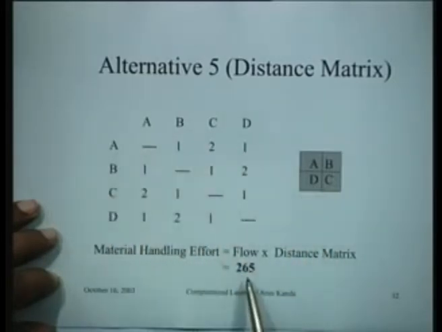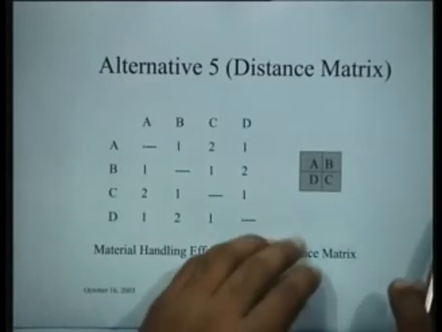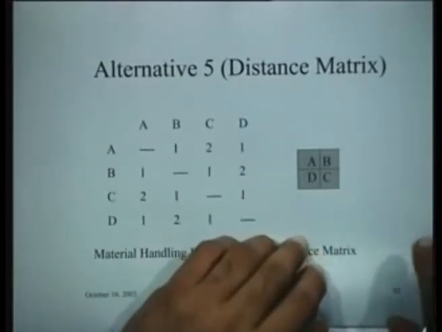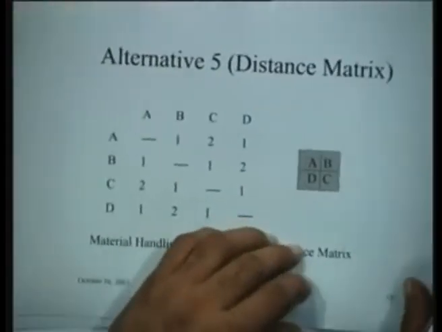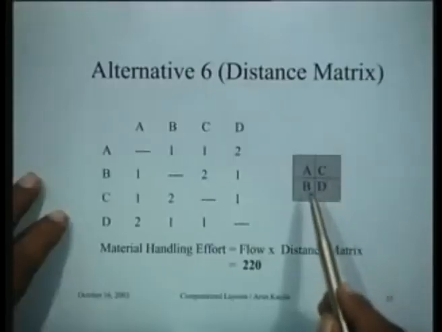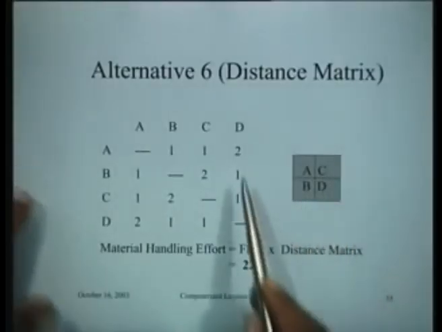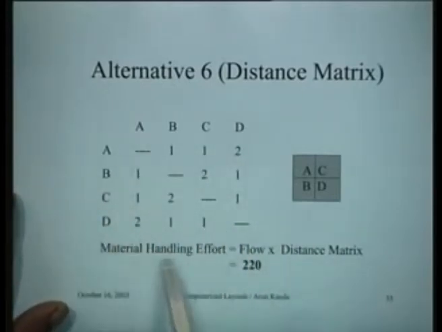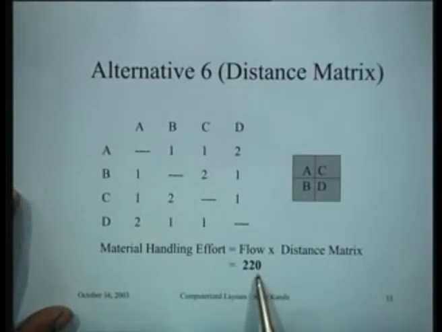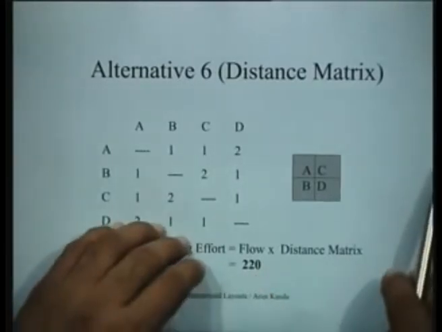The total material handling effort is now 265 again. And we look at the sixth alternative, which is A, C, B, D like this. This is the distance matrix. So the material handling effort is flow into distance matrix, which is 220. It's quite a repetitive calculation, and therefore is best relegated to a computer.